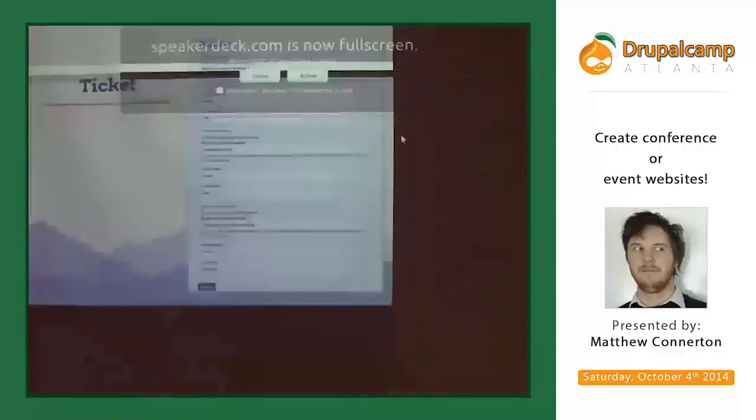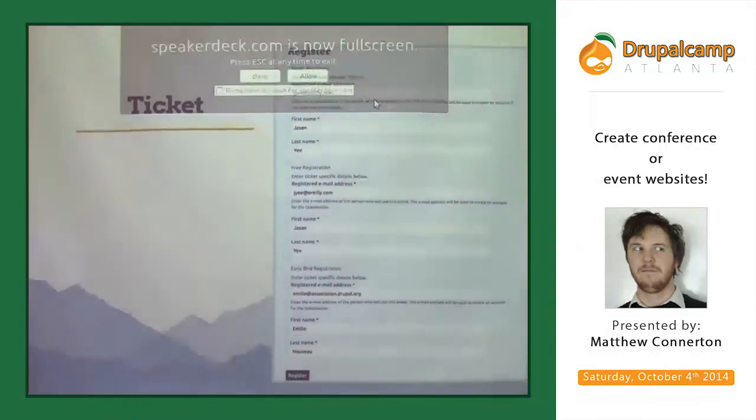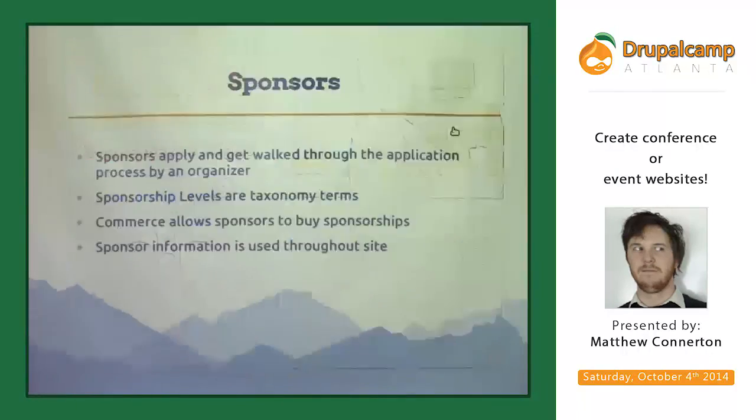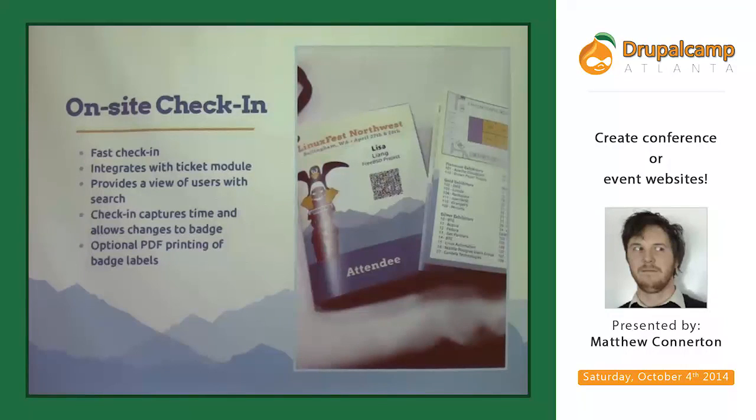So if we look at his slides, they have this on-site check-in, which is a ticket display for fast check-in that integrates with the ticket module. There's also a RESTful or optional PDF printing of registrations for labels. Is that what you're asking?